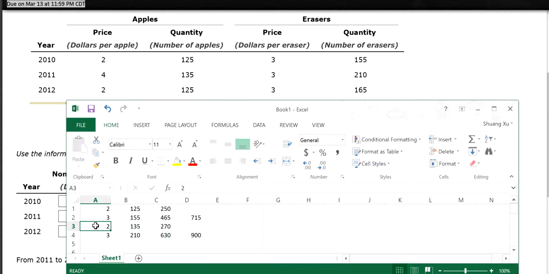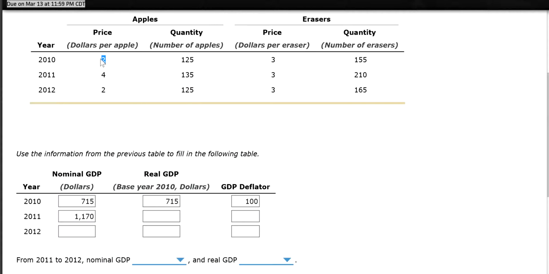But if I change this from 4 to 2, my final answer changes from 1170 to 900. So this 900, using our 2011 quantities and 2010 prices, will give you our real GDP for 2011.